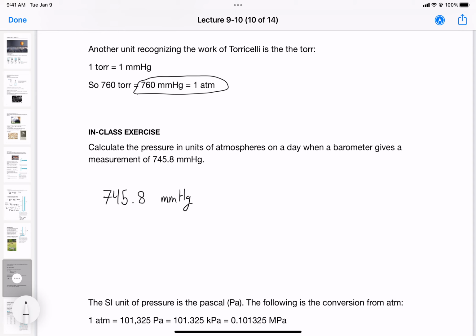So in this example, 1 ATM is going to be 760 millimeters of mercury. So we're going to divide by one atmosphere.